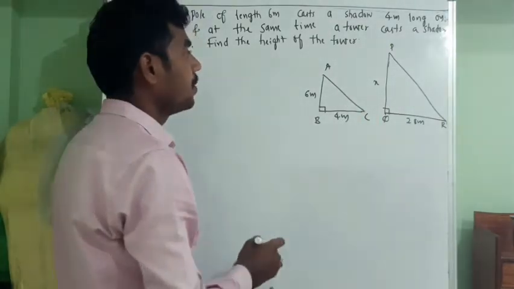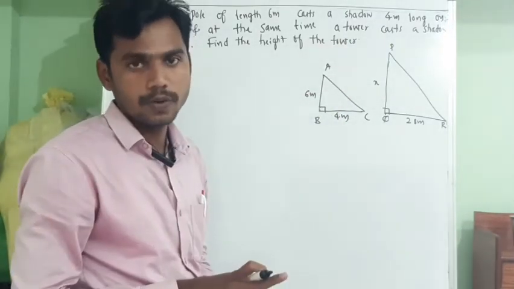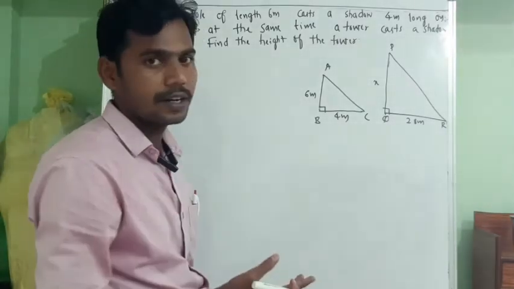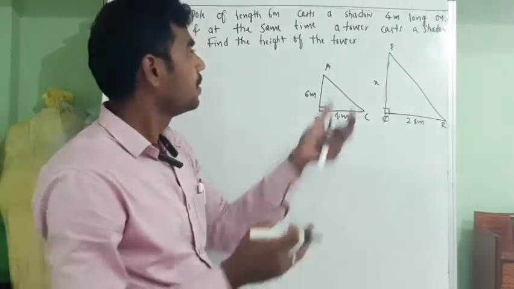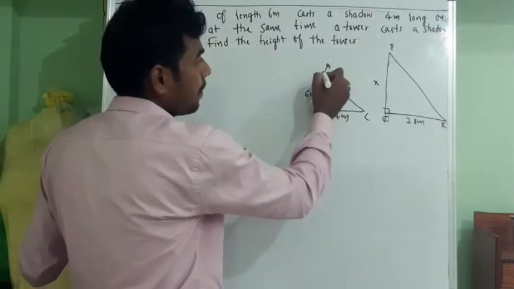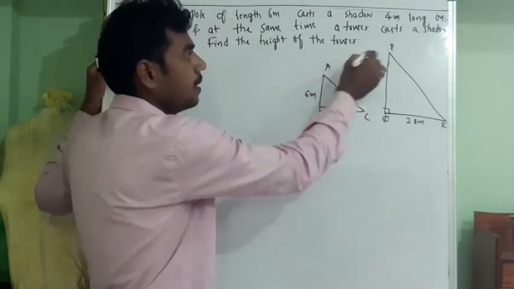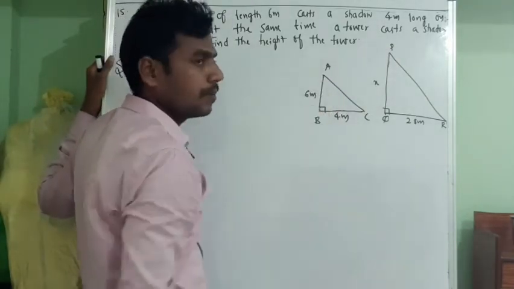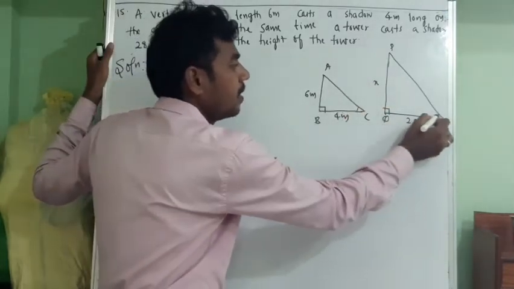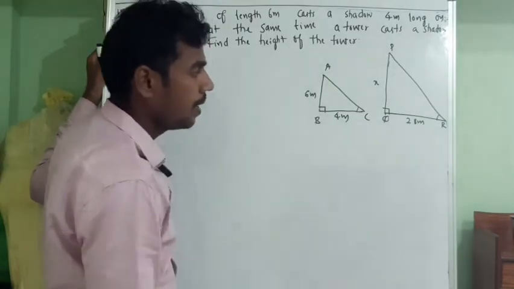One more thing, the angle of elevation concept you are going to study in heights and distances, after trigonometry. In this, the same sun is casting a shadow. So since the angle of elevation of the sun for both the tower and pole will be the same, this angle will be equal to this angle. So angle BCA will be equal to angle QRP.